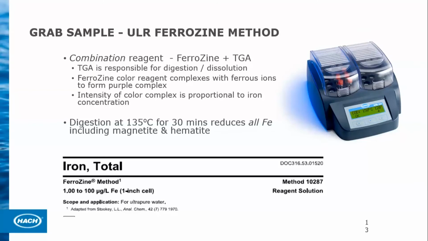And how do we do that? We've done some work to determine what the minimum temperature and time is, and pretty much 135 degrees C for 30 minutes reduces all of the iron, including any magnetite and hematite present. Then we use this Ferrozine method, and we can get a total iron.